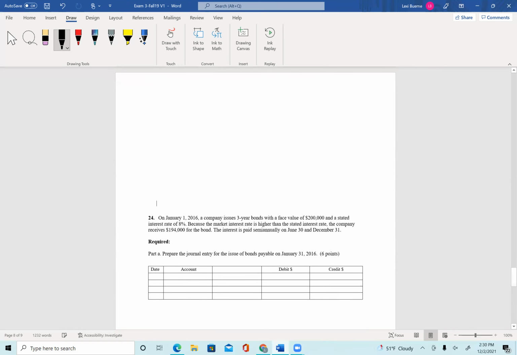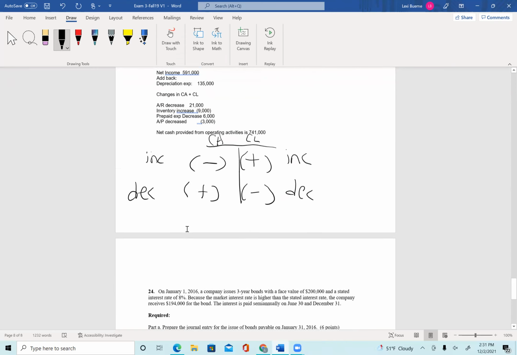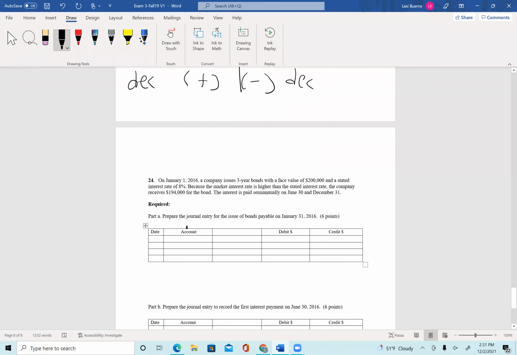All right, so on January 1st, 2016, issued 3-year bonds with a face value of 200,000, a stated interest rate of 8%. Because it's higher than the stated rate, the company receives 194,000 for the bond. The interest is paid semi-annually. So we're going to start with our cash amount, which they give us. That's the amount that they received, so the 194,000.